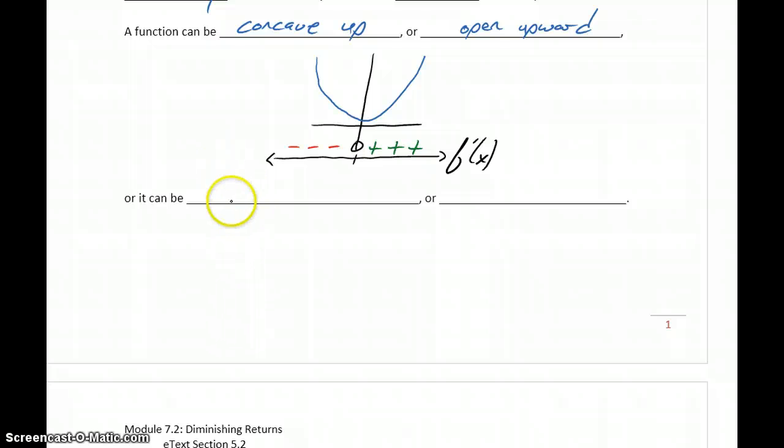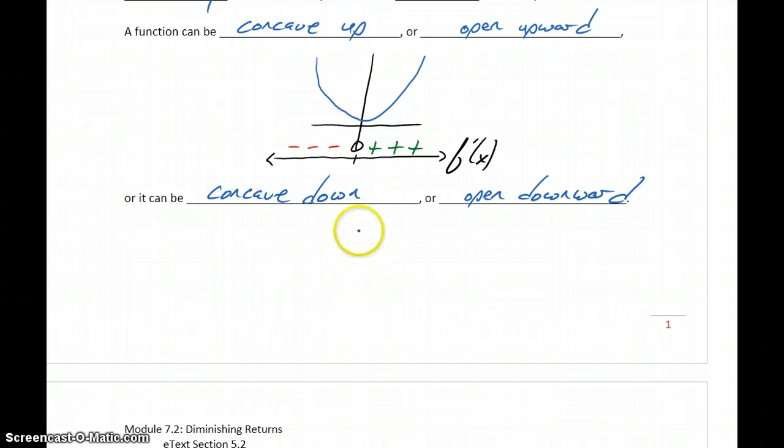So we can have a curve that's concave up, or we can have a curve that's concave down. Or another way to say that is a curve that opens downward. So an example of that would be a curve like this.